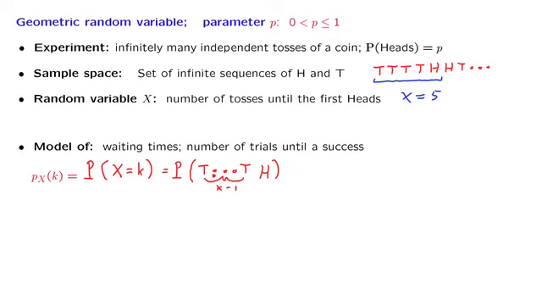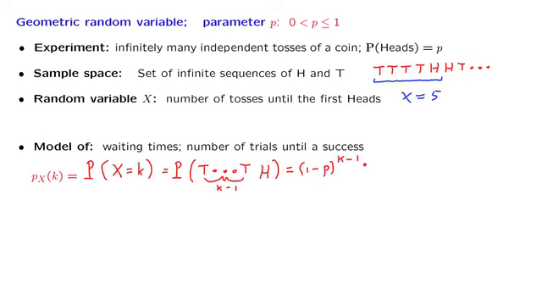This is an event that only concerns the first k trials, and the probability of this event can be calculated using the fact that different coin tosses or different trials are independent. It's the probability of tails in the first coin toss times the probability of tails in the second coin toss, and so on, k minus 1 times, so we get an exponent here of k minus 1, times the probability of heads in the kth coin toss.